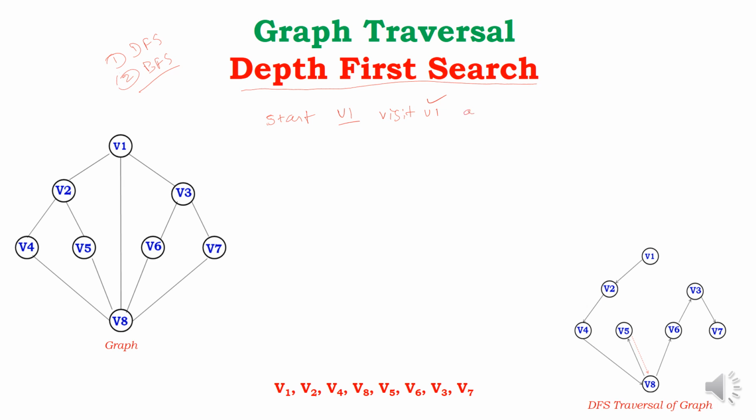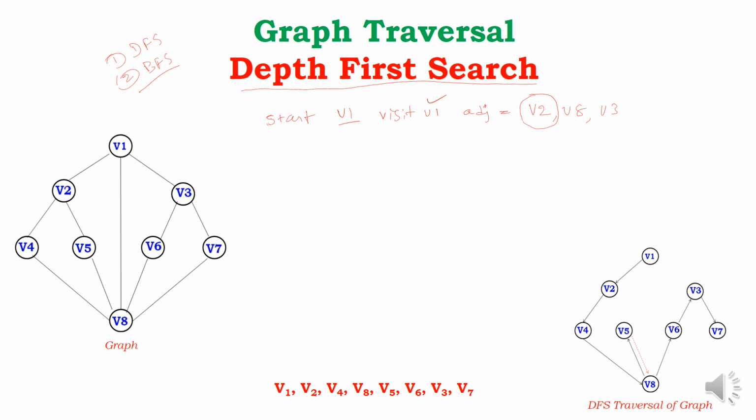V1 is adjacent to V2, V8, and V3. V1 is visited and there are three adjacent vertices. Instead of visiting all three, we visit only one. Let us assume that we visit the first one.